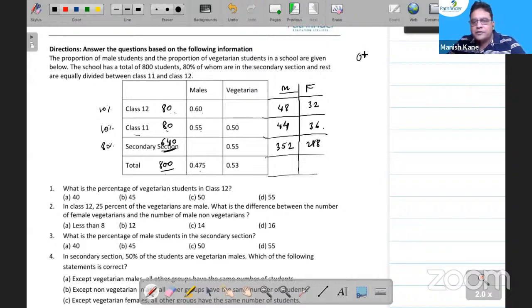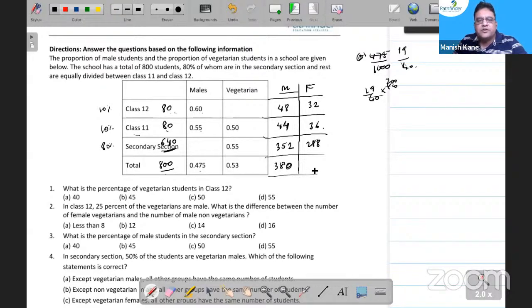Now see, 0.475 is nothing but 475 by 1000. 25 ones are 25, so 19 by 40. So you get 19 by 40 into 800, how much is this? 380. So total males must be 380.